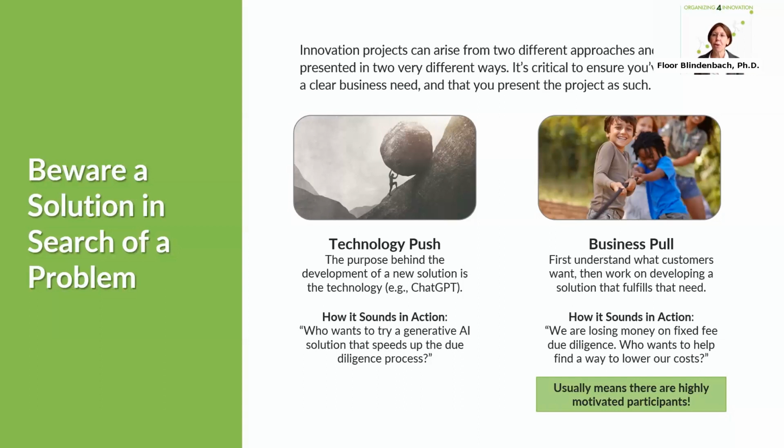maybe you need to be really motivated. Alternatively, if you say, we are losing money on fixed fee due diligences, not we, your practice group, do you want to help find a way to lower the cost of these due diligences? And again, there's no solution in there. Perhaps the solution is not generative AI.